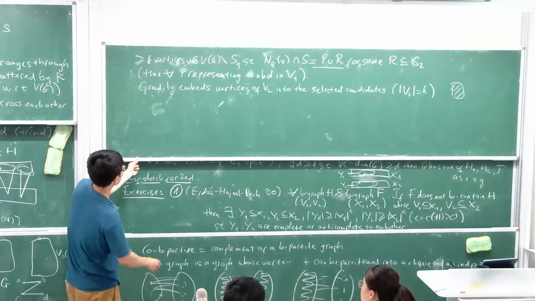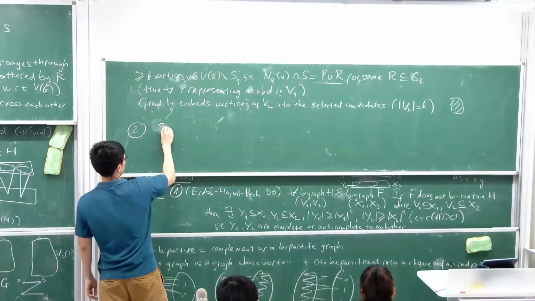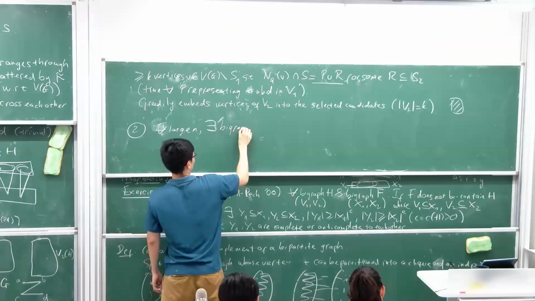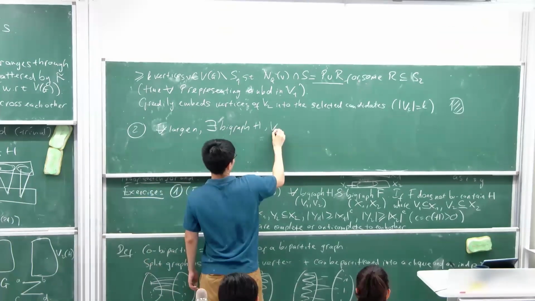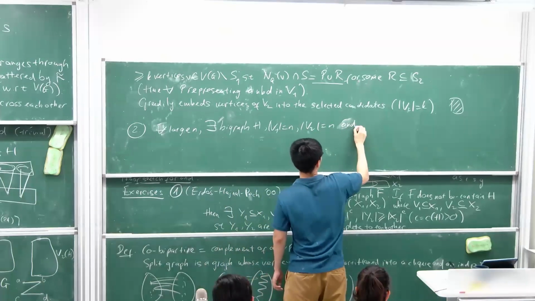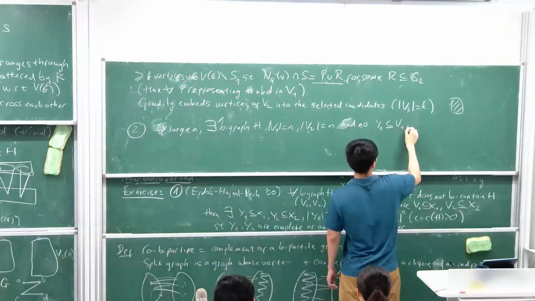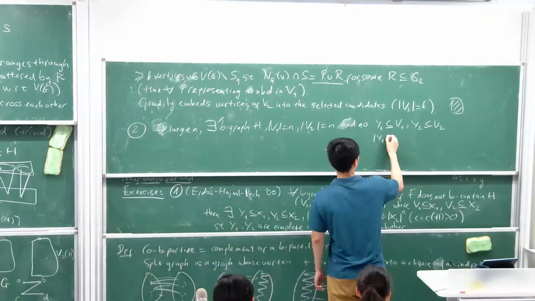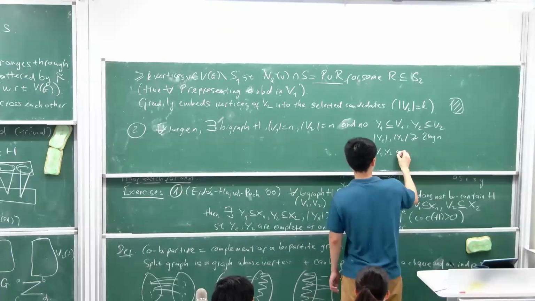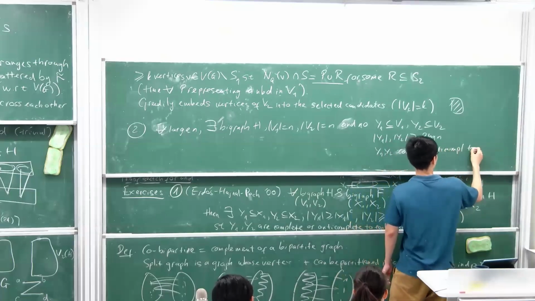Okay, so that's the first statement. The second statement: for every large n, there exists a bigraph H with parts V1 and V2 and no Y1 subset of V1, Y2 subset of V2 with size at least log n such that Y1, Y2 are complete or incomplete to each other.